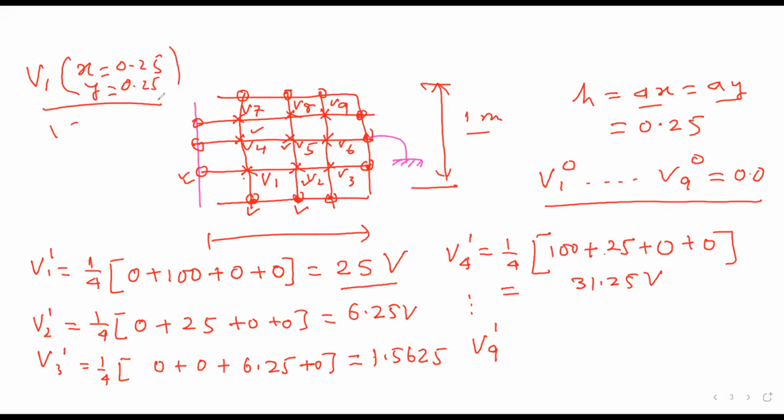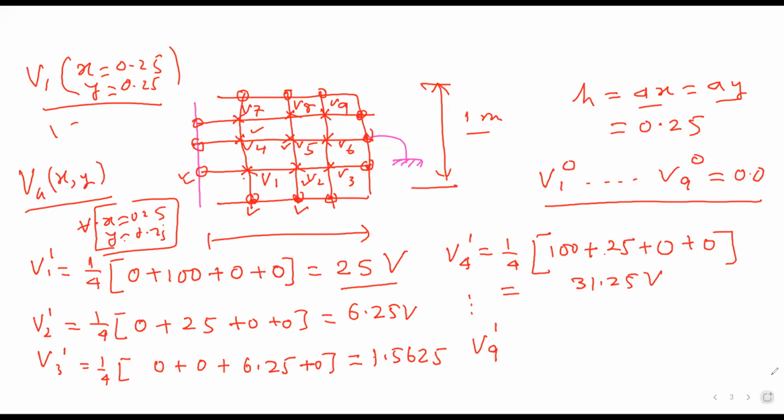So if we have a potential analytic solution VA(X,Y) available, in that equation we can put the value X equal to 0.25 and Y equal to 0.25. Then we can easily find the exact value of VA at V1. Then that can be compared with the calculated values of your V iteratively. Then you can set your error stopping criteria there.